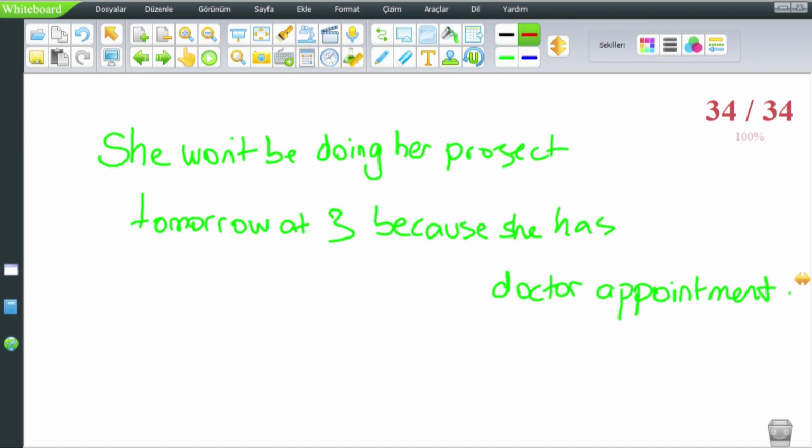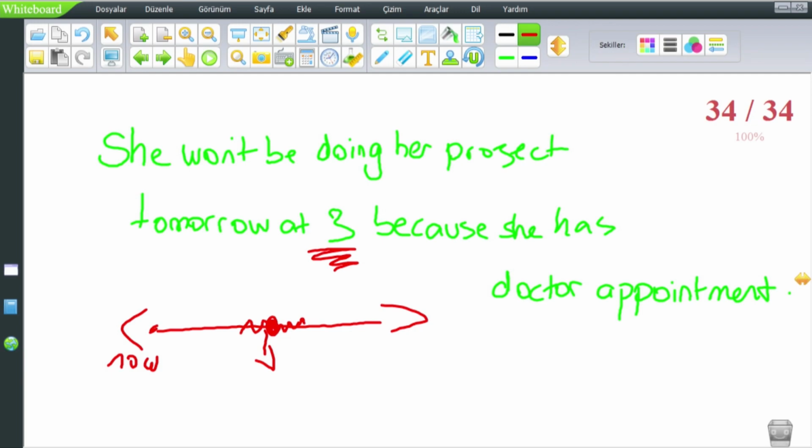Here, she won't be doing her project tomorrow at 3. I gave an exact time in the future, and around that time, she won't be doing her project because rather she has doctor appointments.